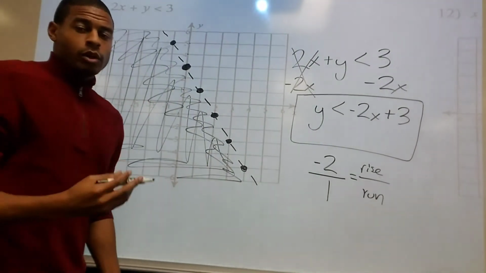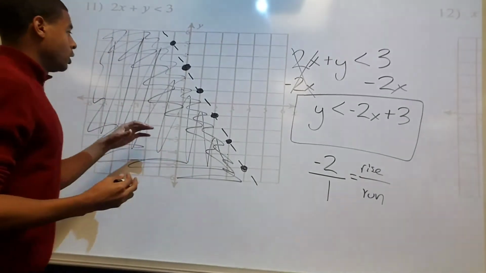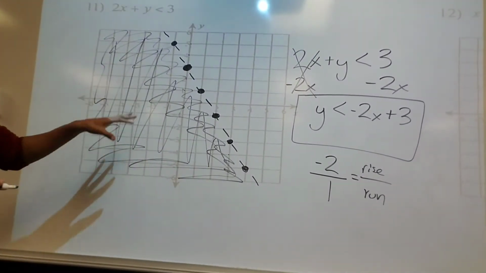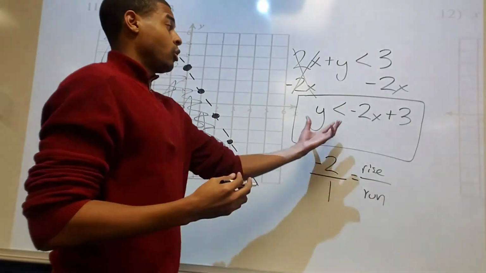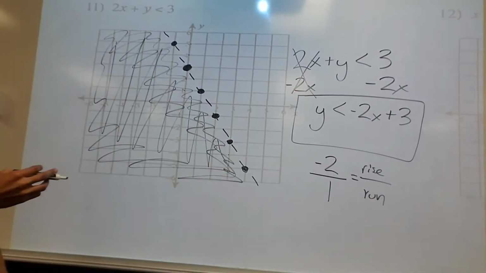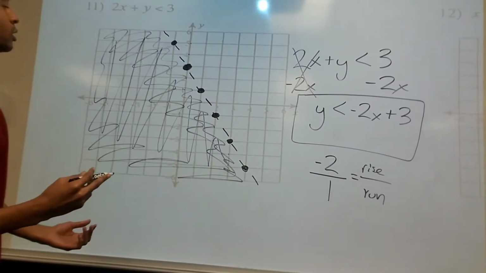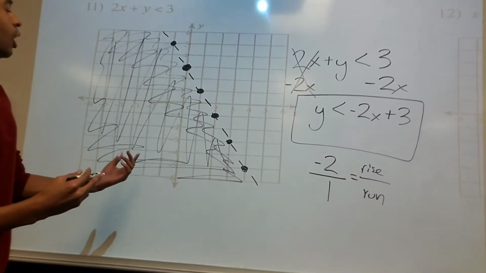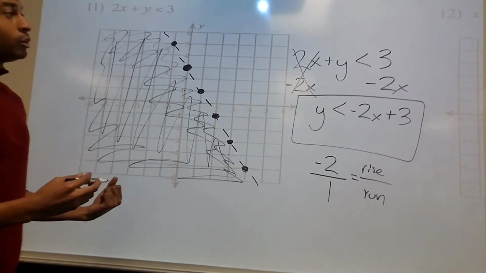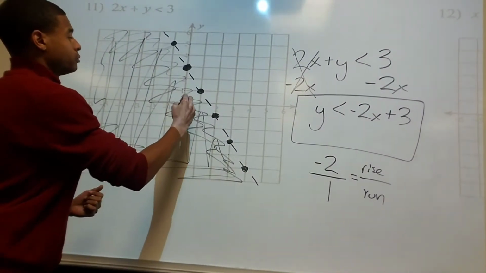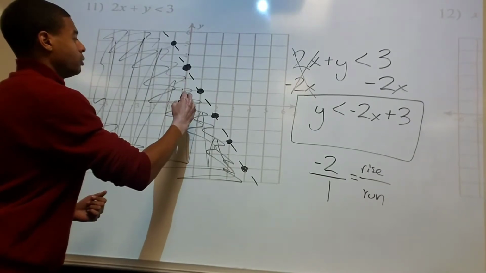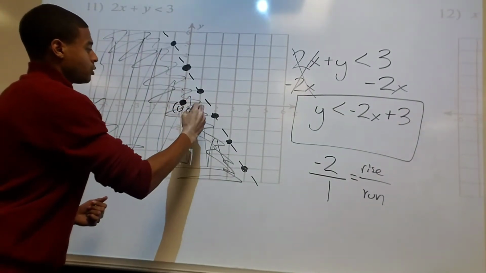Now, shading below means that anything that's in the shaded area will make this inequality true. All right, so let's pick a random point that's in the shaded area. I'm going to actually use 0, 0. That's an easy point we can use, okay? The origin, which is 0, 0.